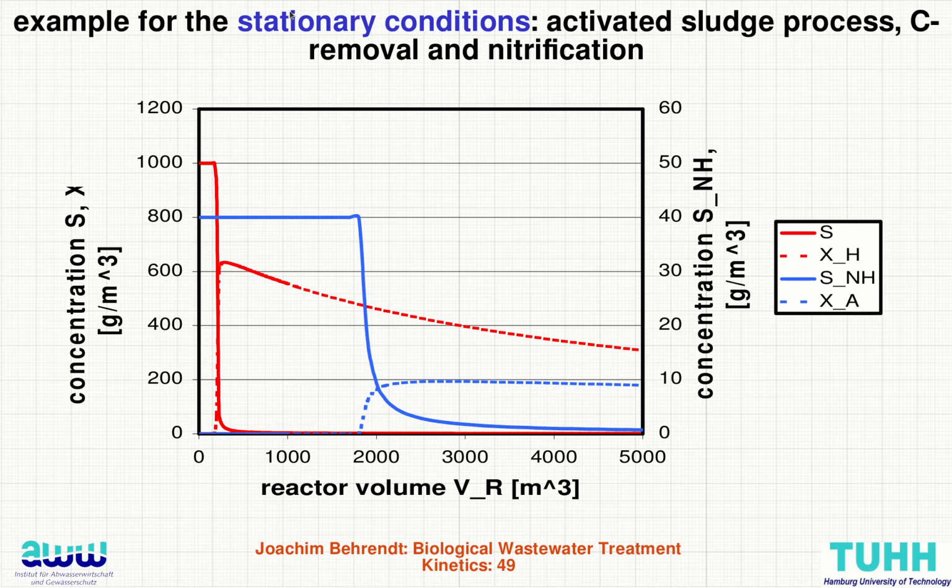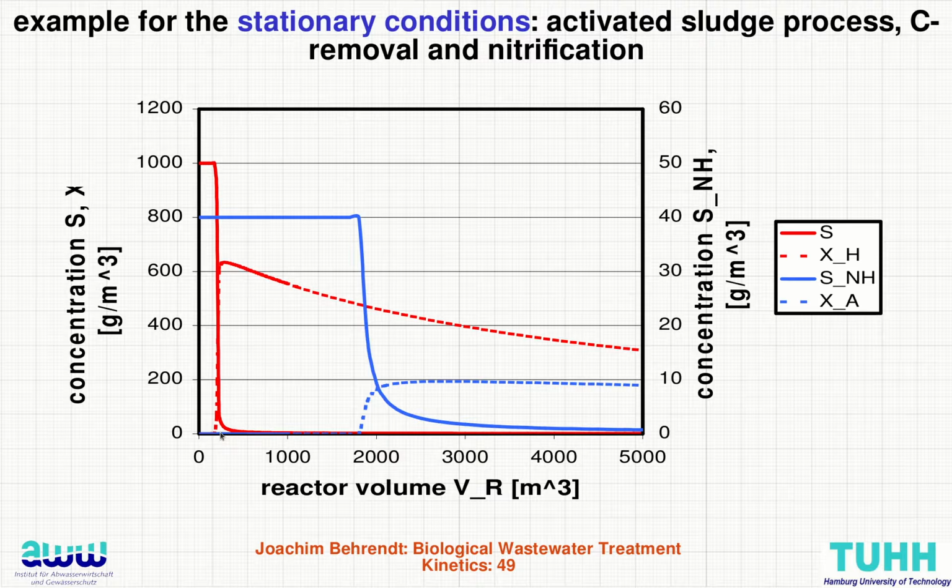This is also an example of steady state conditions. That means that dS/dt or dX/dt is 0. We call this mathematically stationary conditions. In wastewater treatment technology, they call this stationary, they call this, I don't know. But finally, this is calculating the mean behavior of the reactor, not the dynamics.